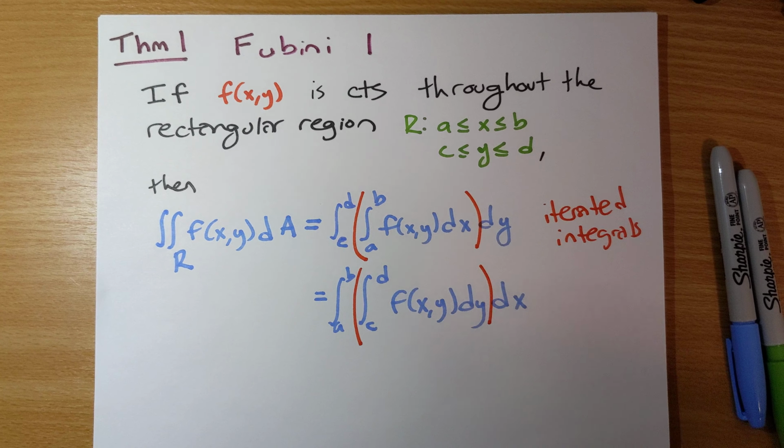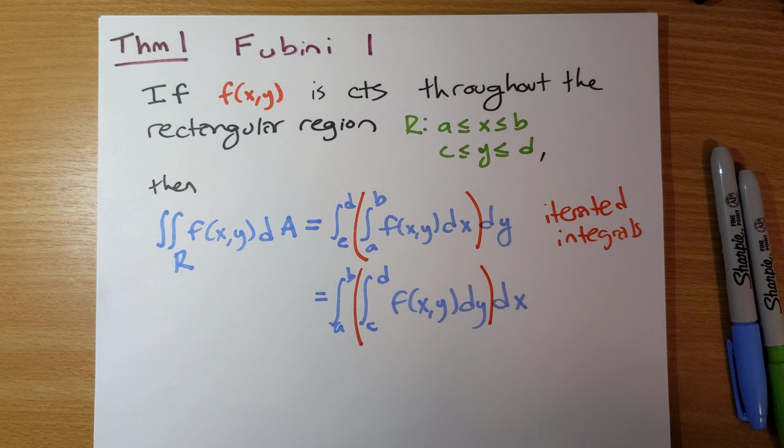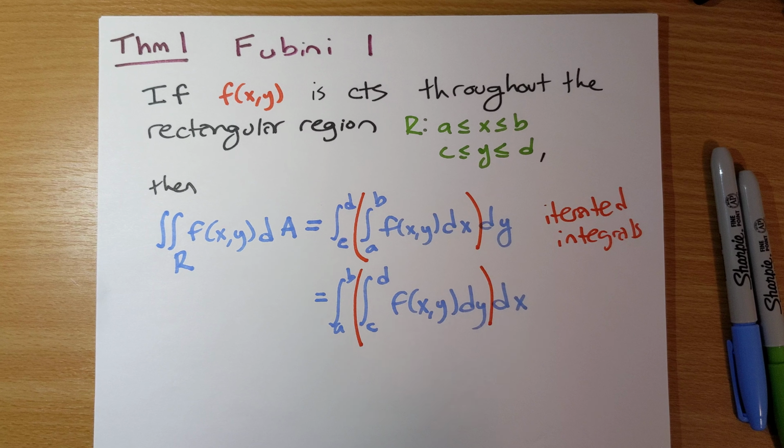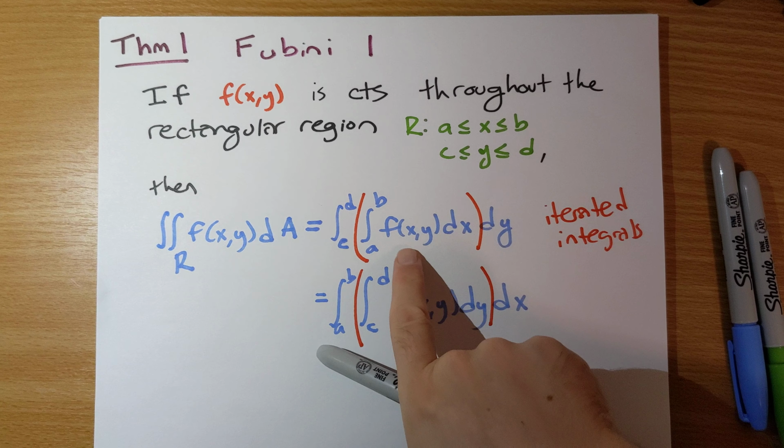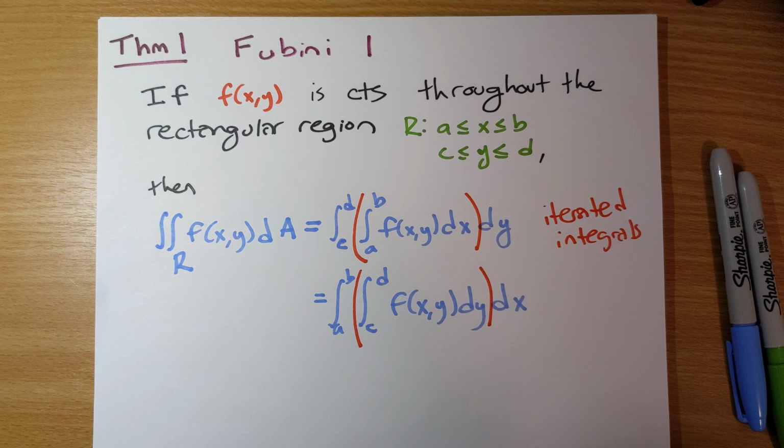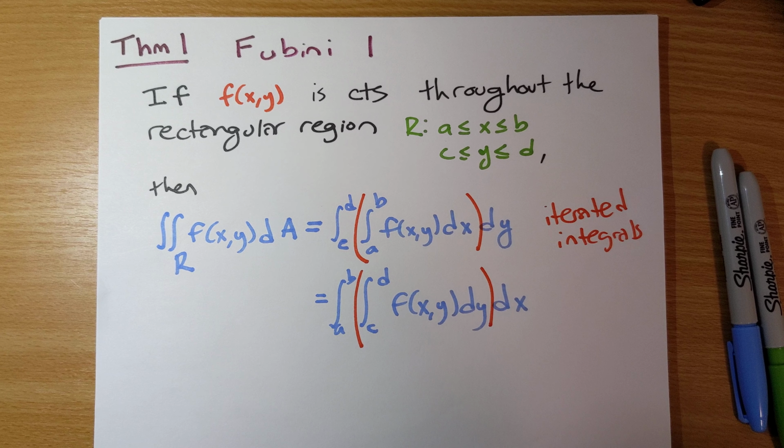This is going to feel just like the partial derivatives we did back in chapter 14, where if you want to take the partial derivative with respect to x, you treat all the other variables like y as constants. Here, if we're integrating with respect to x, we'll be treating y as a constant.